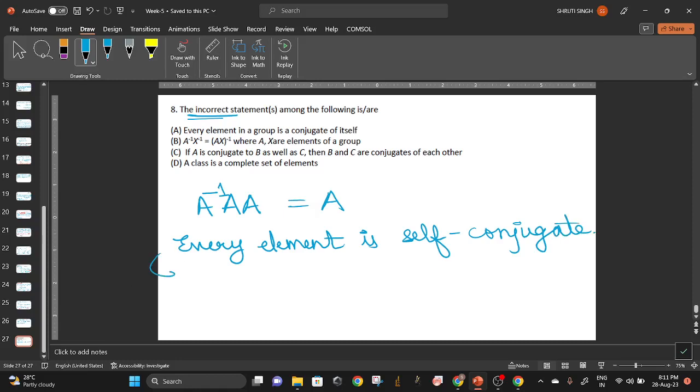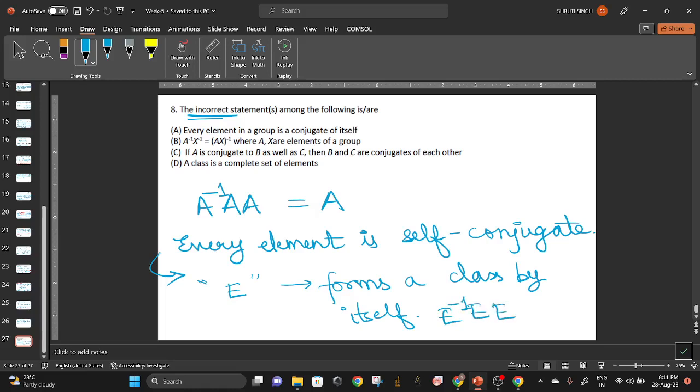And because of this case only, E, the identity element, forms a class by itself, because if we do E inverse E E, we will get E. Okay, so the first statement is correct.